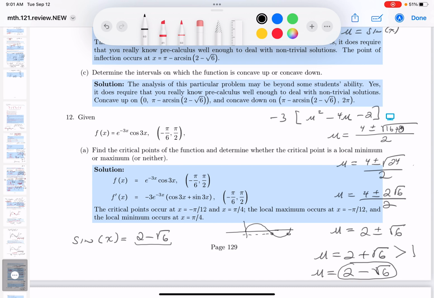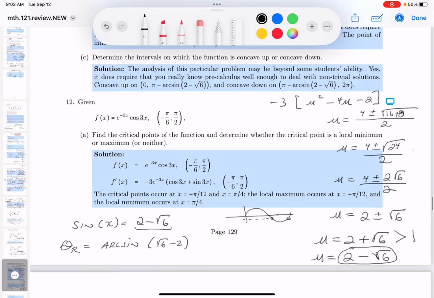All right? So what I want to do is talk about the reference angle. I'm going to say theta reference. What's that going to be? Arc sine. Well, I'm going to write something down that you might get confused by, but root 6 minus 2. So really I'm taking the positive numbers. I'm going to get a nice cute angle there. All right? But then I got to start thinking, what are the angles? What's x then?